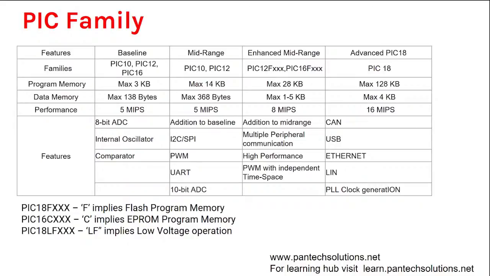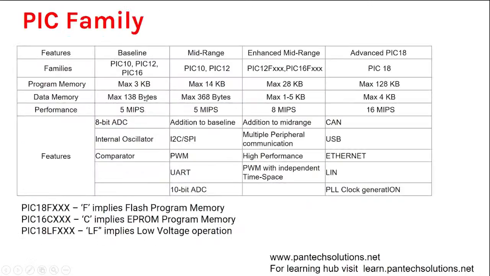Like if the input clock source is 15 megahertz, you could operate the processor at 50 megahertz by multiplying and dividing using these PLL operations. Okay, you could achieve whatever clock frequency you want, up to the maximum. Even though the input clock frequency is low, you could operate the processor at the maximum frequency by using this PLL, a phase lock loop. So these are the PIC families.